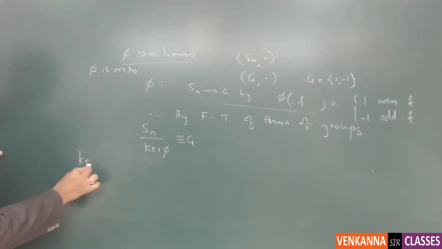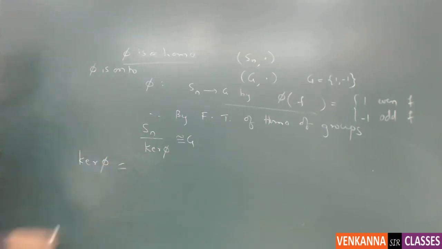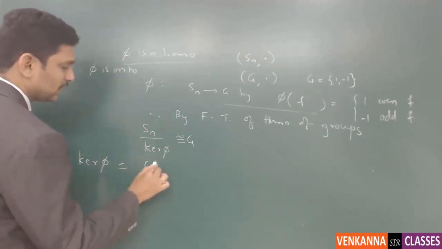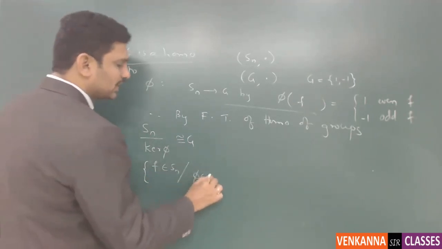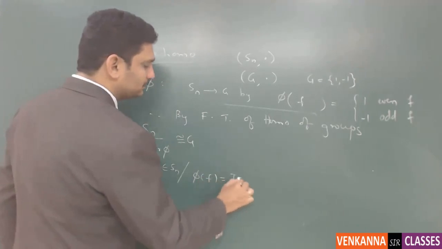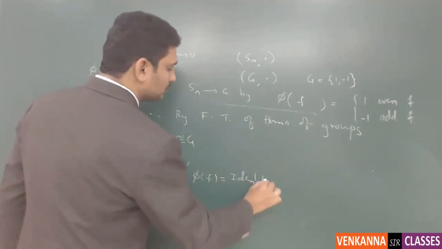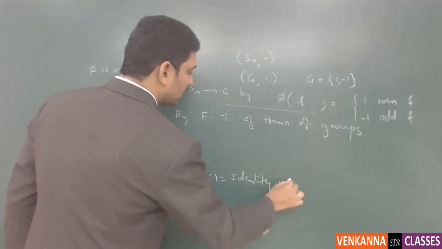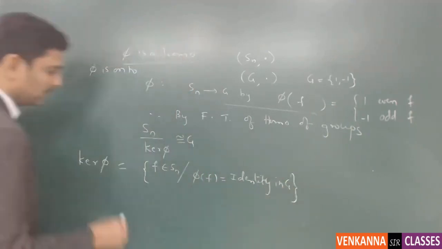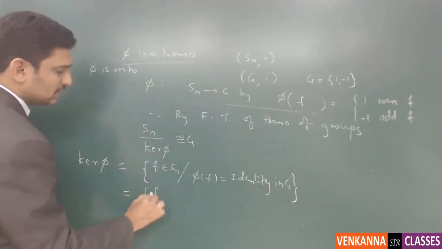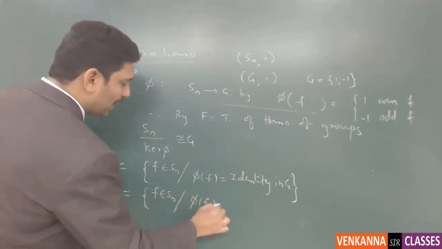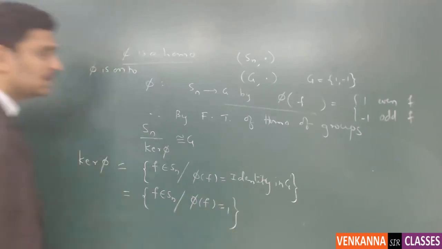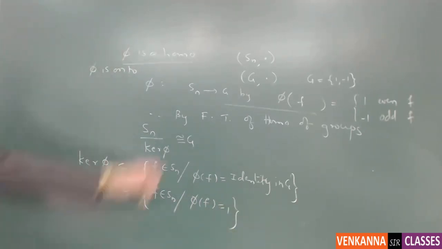If you write the kernel from the definition, it is the set of all permutations in the domain whose image is equal to the identity in the codomain G. So this is the set of all permutations in the domain such that phi of f equals 1.